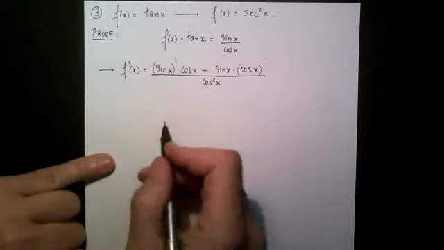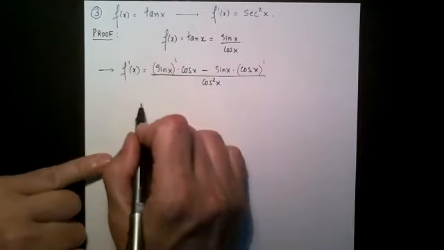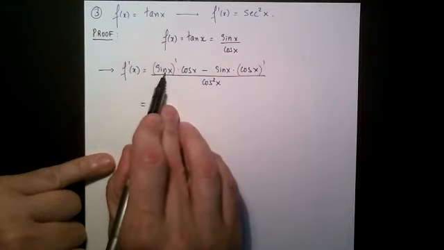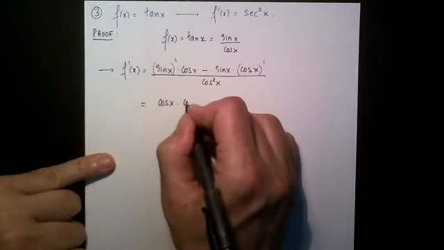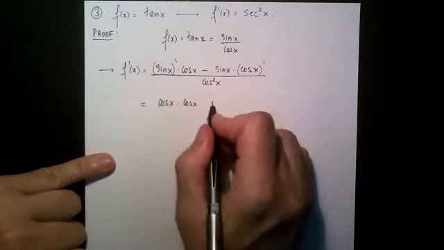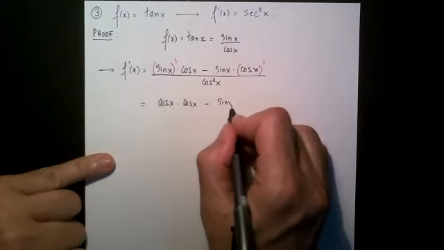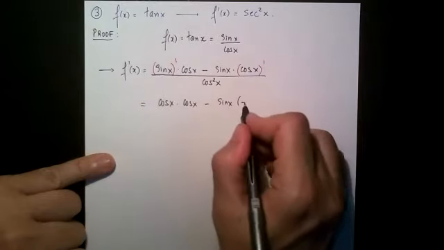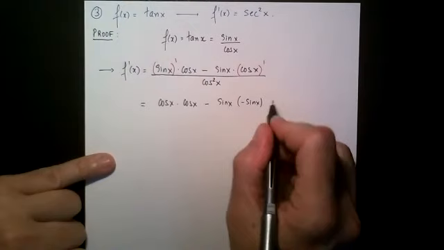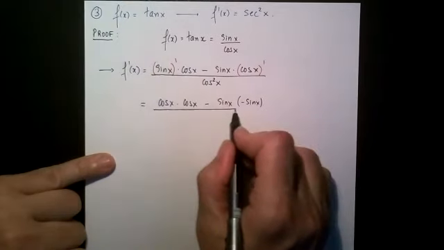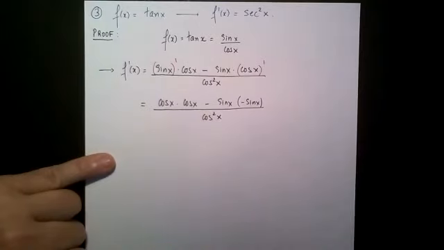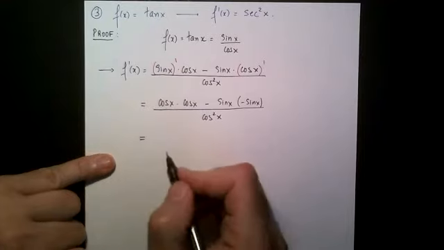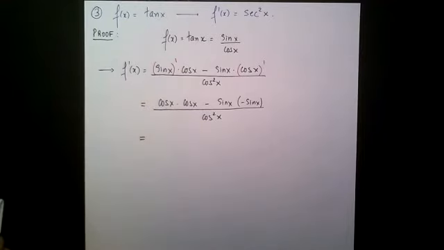Okay. And now the derivative of sine, we just proved that it's cosine. So cos x times cos x minus sine x, and the derivative of cos we said was negative sine, and then all this divided by cos squared of x. Okay, any questions?